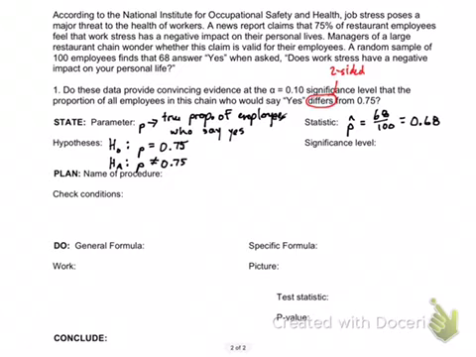So it could be 0.85, it could be 0.65, it could be any other number. We're just saying it's not really 0.75. And the significance level here, they gave us an alpha of 0.1. The name of the procedure, we're not learning anything different, so it's still the one sample z-test for proportions.